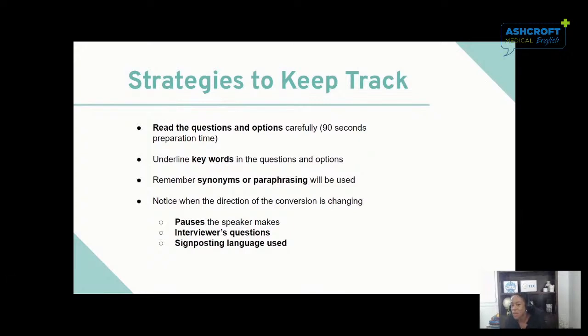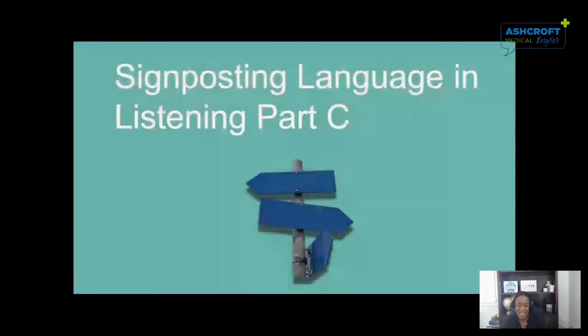You'll understand what topic you're moving on to. In addition, and what we're going to be focusing on in this session today, is signposting language. Once you notice it, it can be highly valuable in helping you keep track. So, what is signposting language? Let's talk about that next and see how it relates to Listening Part C.